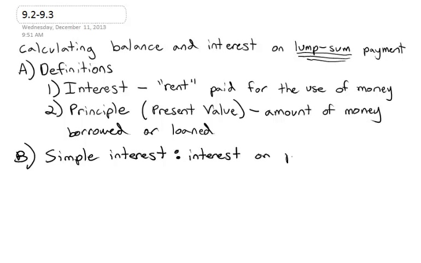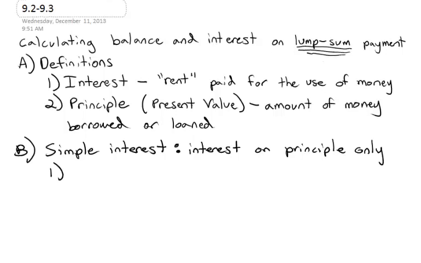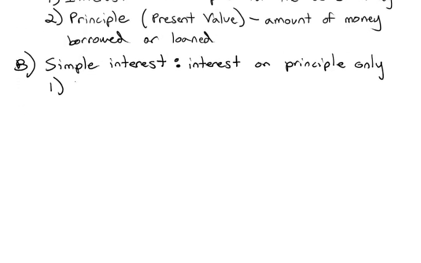Interest on principal only. So however much you borrow, that's what you're going to pay interest on, not any type of growing amount. And to help us work with simple interest, we've got a couple equations that we're going to look at.